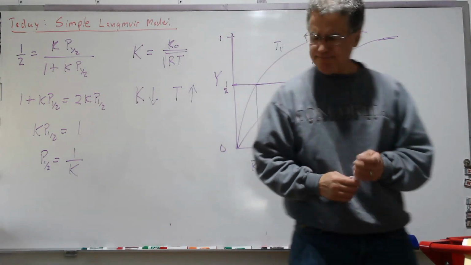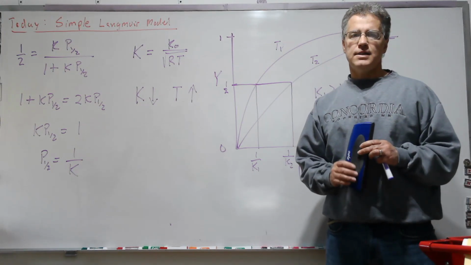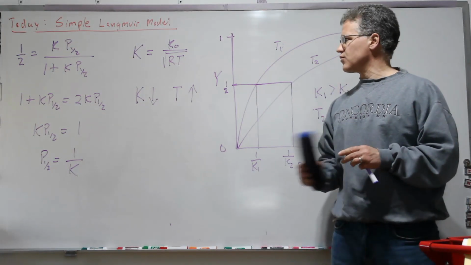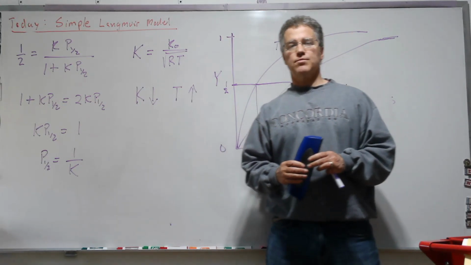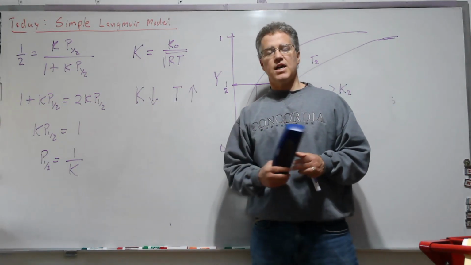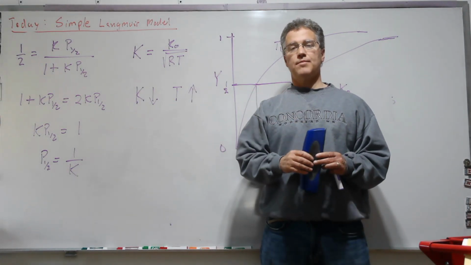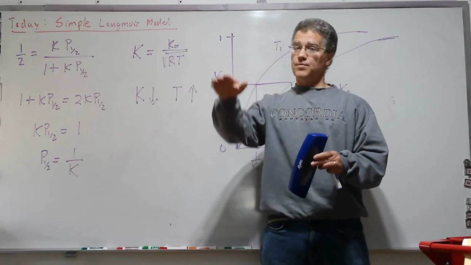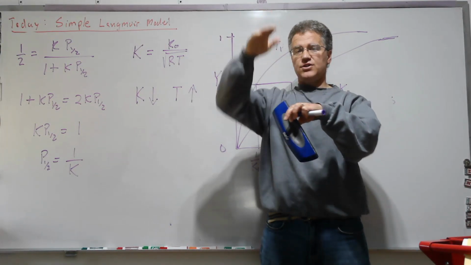All right, as we progress through this, we're going to get into some more complicated, more sophisticated models for adsorption that depend on different surface sites, whether the binding is cooperative, whether the adsorption can occur in multiple layers.